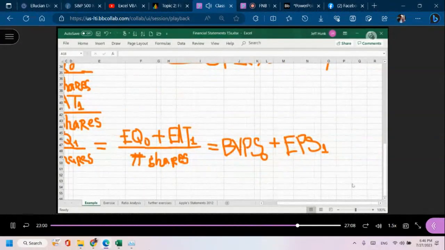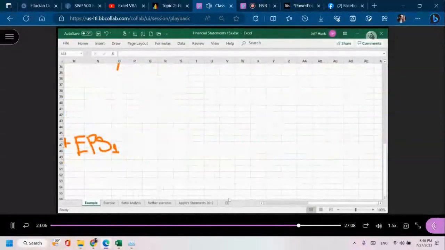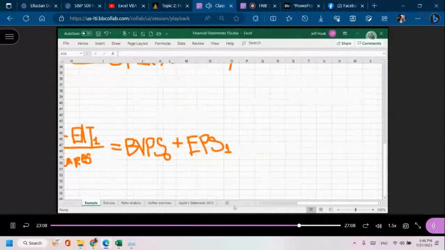In other words, what is earnings per share? It's profit per share. So book value at time 1 will reflect exactly the profit, right? And that's why, if you want to cash out your profit, all you need to do is sell your stocks.